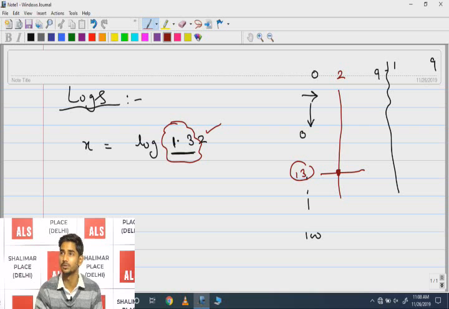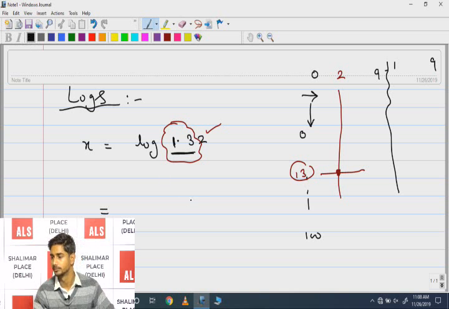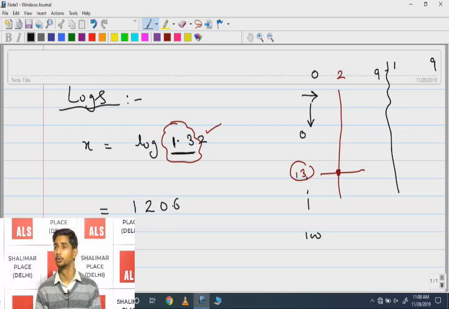I need one person on the system so that he or she can reply. Tell me what the value is. Raise your hand those who have got these 4 digits, 1206.